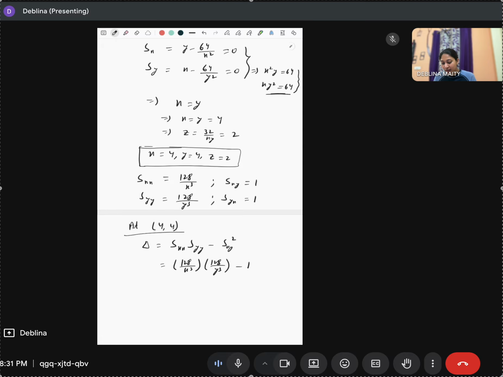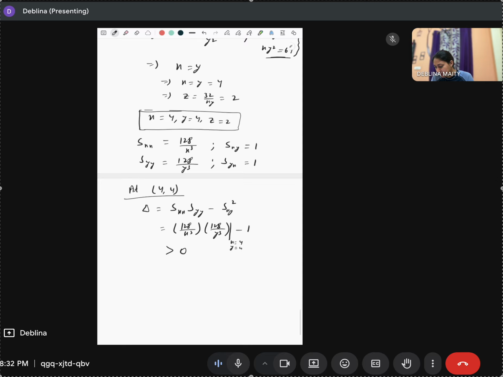If we put x and y to be 4, this will be greater than 0. So delta is greater than 0 here, and Sxx is 128 by 4 cube, which is also greater than 0.